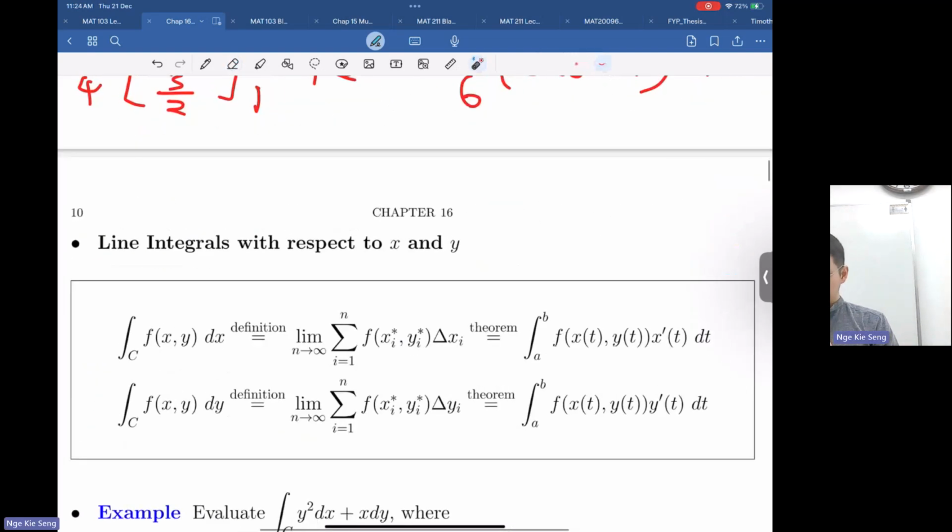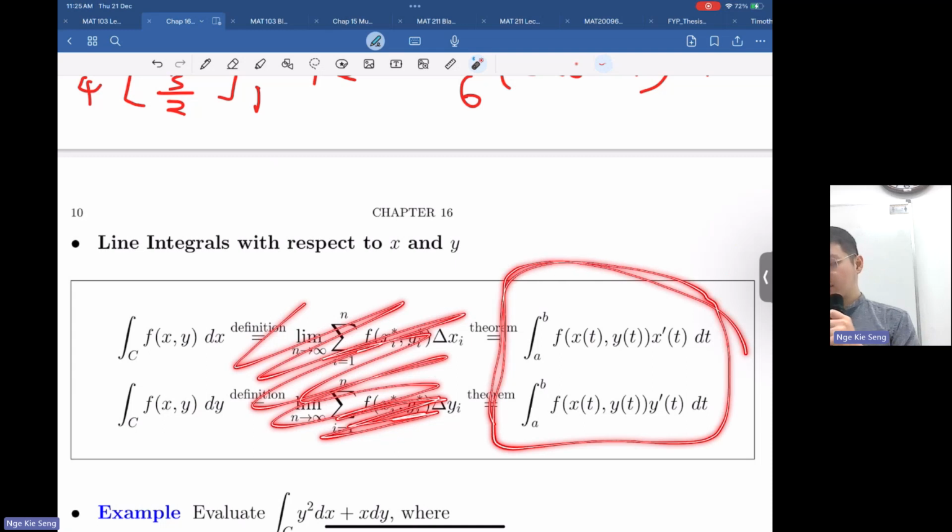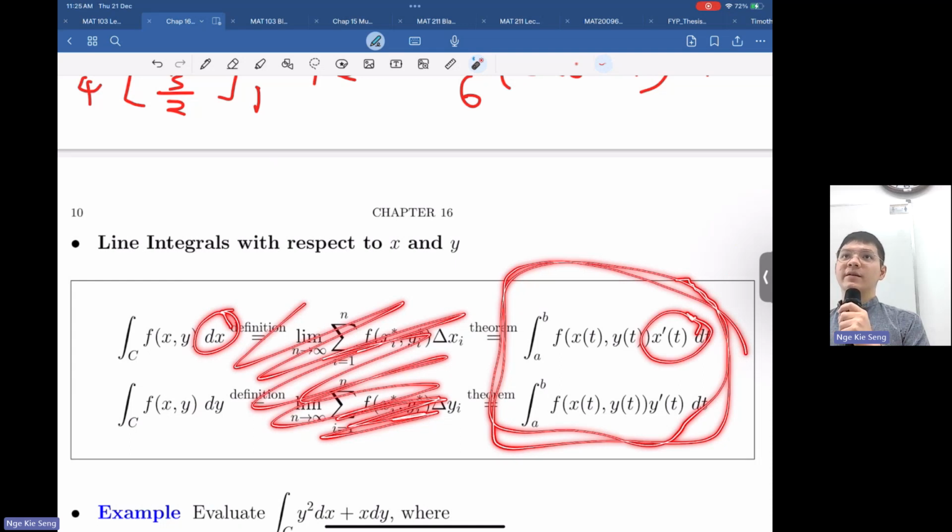So next, we introduce line integral with respect to x and y. We just look at one: integral over dx, we just look at the x direction. Integral over dy, we just look at the y direction. You can somehow ignore this first part because we don't introduce it. What is important is the last part here. If you integrate over dx, you will introduce an x prime factor here.